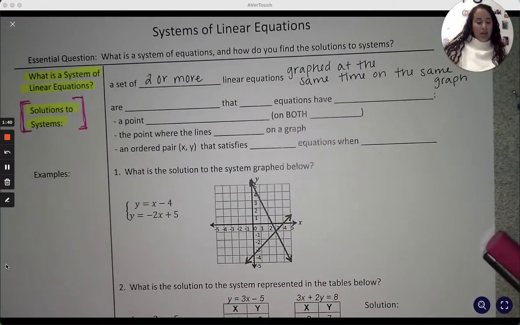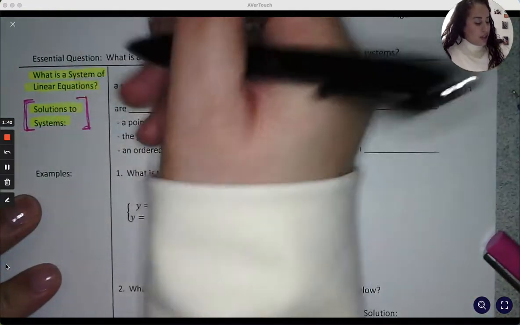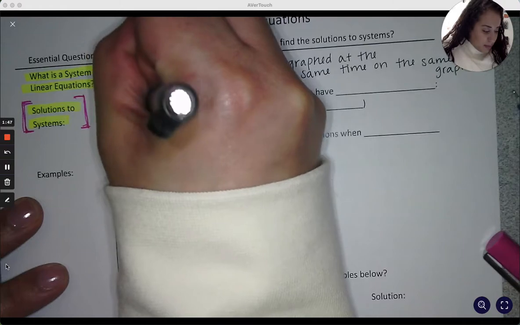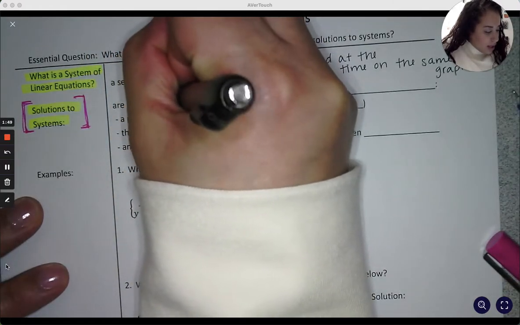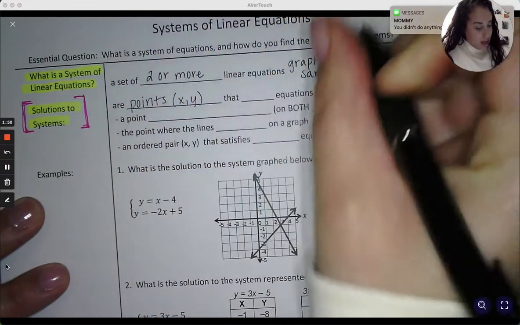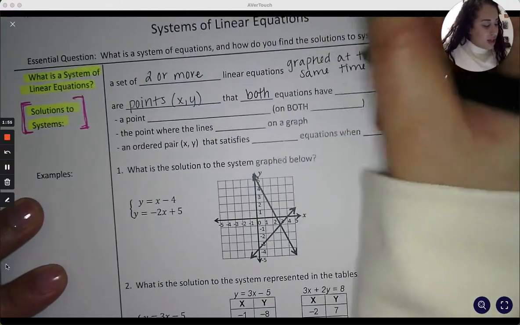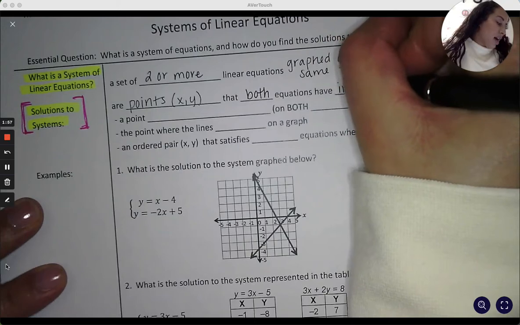Okay, so a solution are points like x and y that both equations have in common.